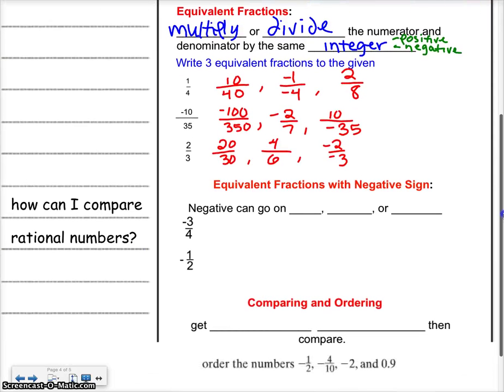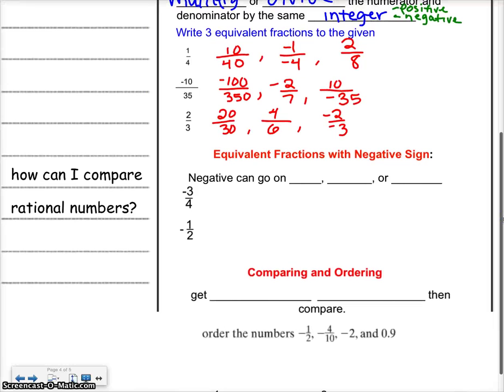Now here's the doozy. Yep, this little doozy. It's equivalent fractions with a negative sign. Now I've already kind of showed you it in the beginning examples. I forgot to show last year's kids and they messed this up. There's 2 questions like this on your assessment, and it says identify which fraction is equivalent to blah, and it's just the negative sign moving around.